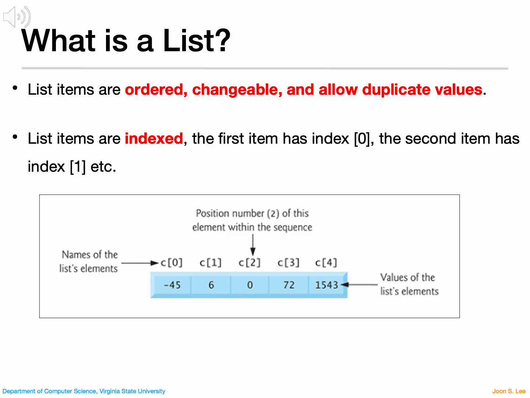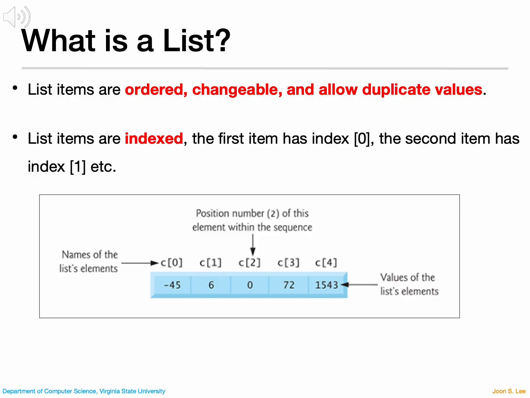Now that we know lists can hold multiple items, let's talk about how those items are organized inside the list. List items are ordered, meaning the order you add them in is preserved. Python won't rearrange them for you. So if you add apple, banana, and cherry in that order, that's exactly how they'll stay unless you change them. Lists are also changeable, which means we can modify them.